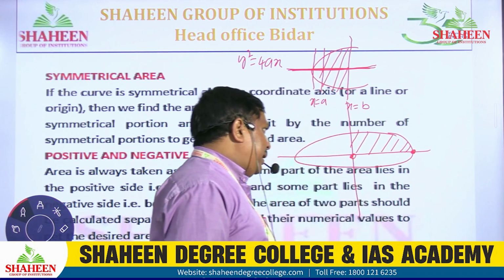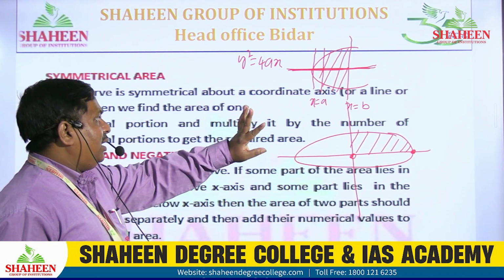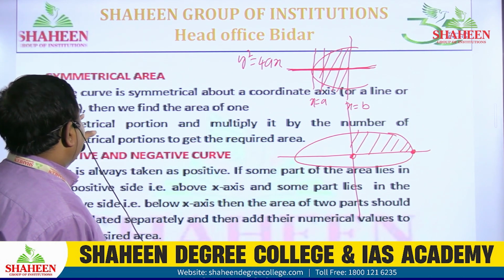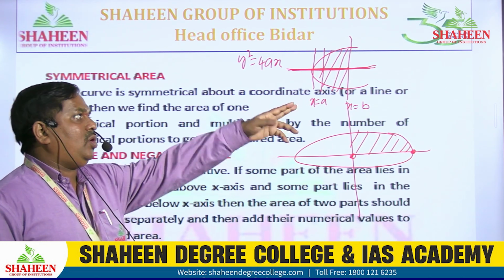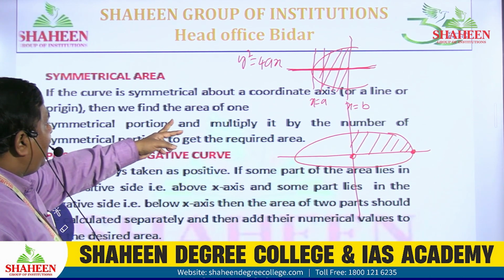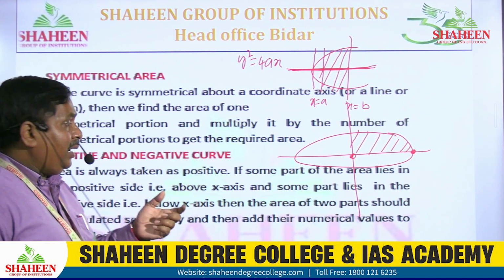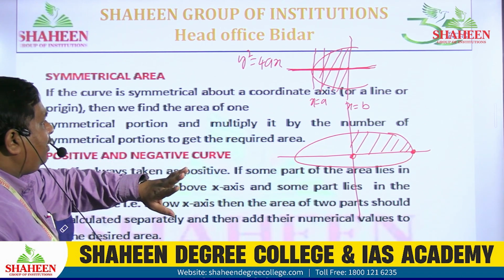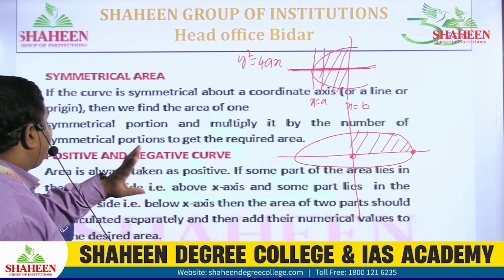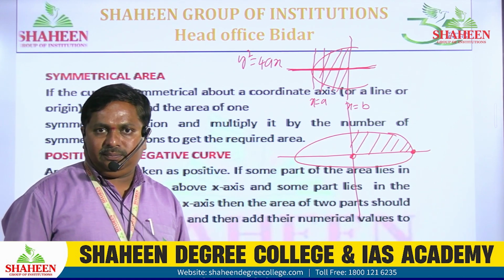So that is mentioned here. Suppose you are finding the area of a curve which is symmetric about the coordinate axis, a line, or the origin. Then we find the area of one portion, and we multiply by the number of symmetric portions that we get in the diagram. Clear?